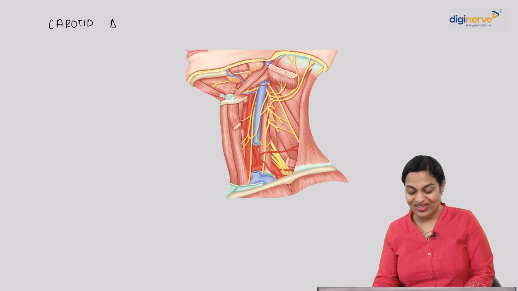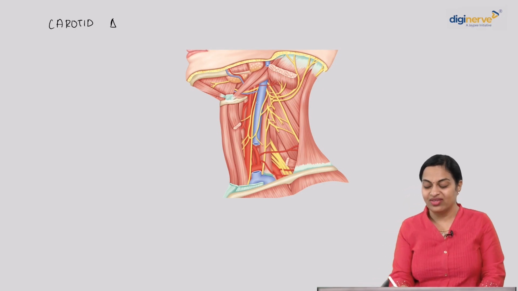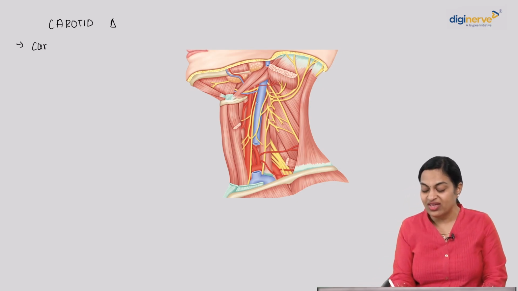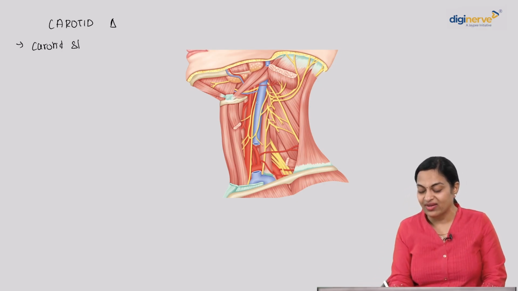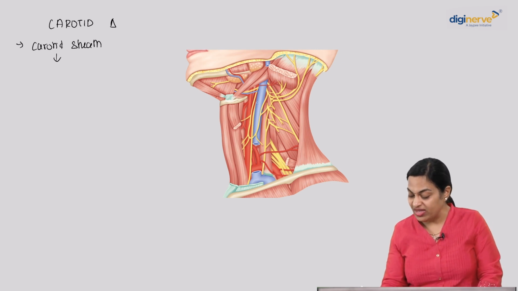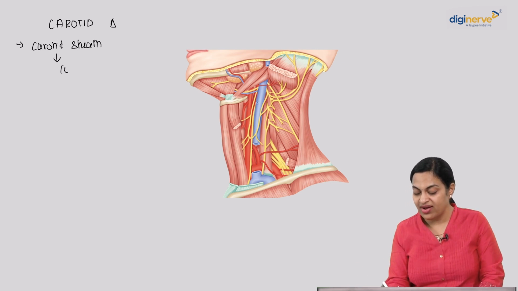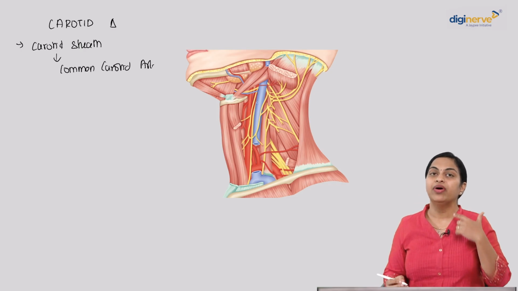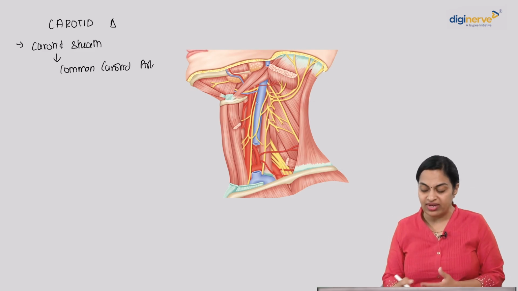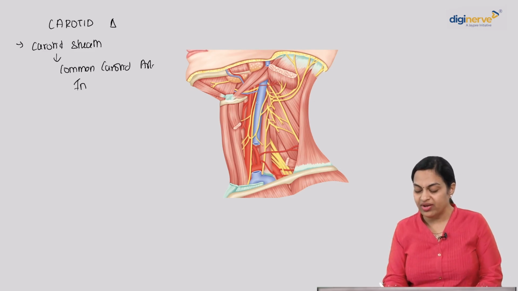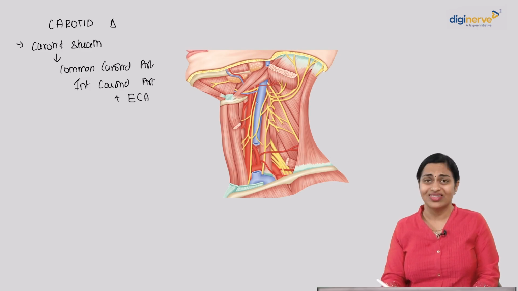That's easy. We have to say that we have the carotid sheath in the carotid triangle. And within the carotid sheath, we get to see the common carotid artery. The common carotid artery, at the level of the upper border of the lamina of the thyroid cartilage, is going to divide into internal carotid artery and external carotid artery, isn't it?